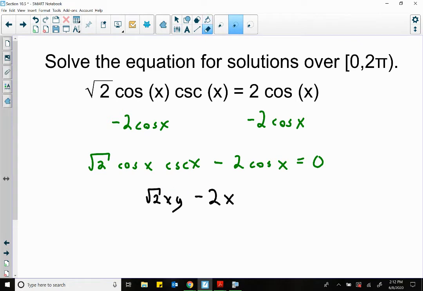Since we're equal to 0, I can't use the quadratic formula because I don't have anything squared. But what do you notice between these two? What do both of these share in common? They both have an x. Factoring says that if I have something in common in both of these, that's called a GCF, and I can pull GCFs out. Look up here. Both of these have cosine x.